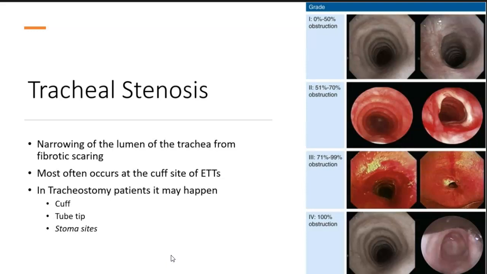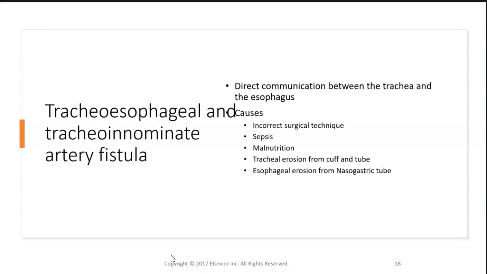And then at the stoma site, where the surgical incision was made, you can end up getting some stenosis. So all three of those areas are common places where you might see stenosis happening.